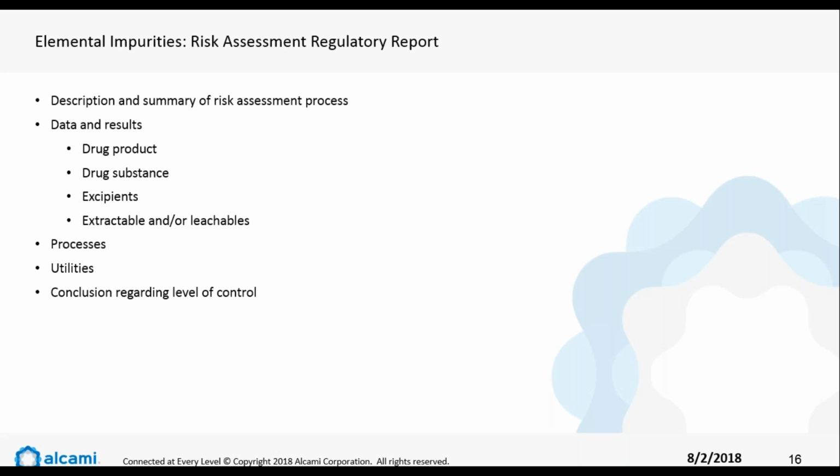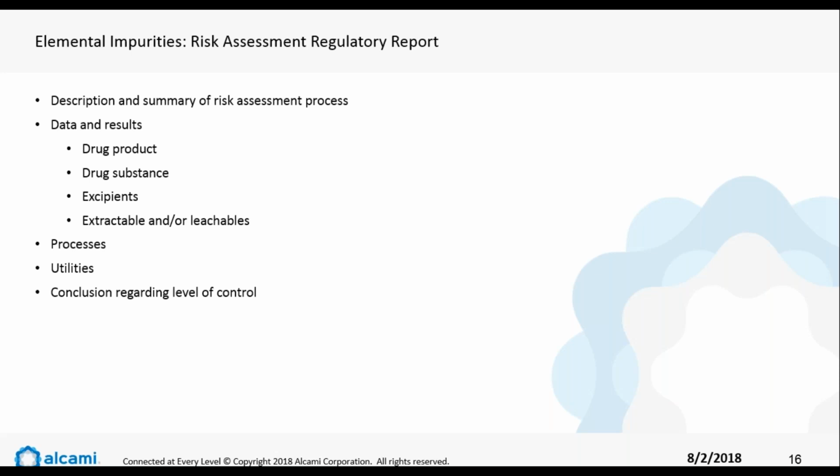You would provide data for the drug product, substance, excipients, and if E&L studies are applicable, if they're needed, which are required for non-solid dosage forms. So if it's a non-solid dosage form, you would have to have E&L studies performed, and that data would be included in that report.